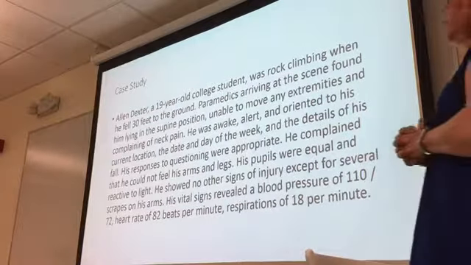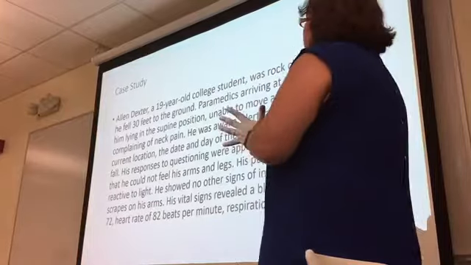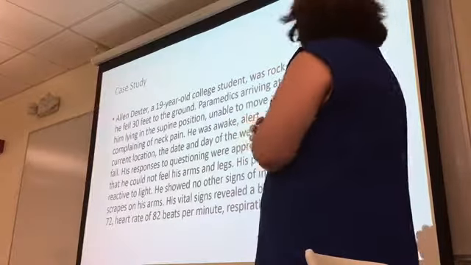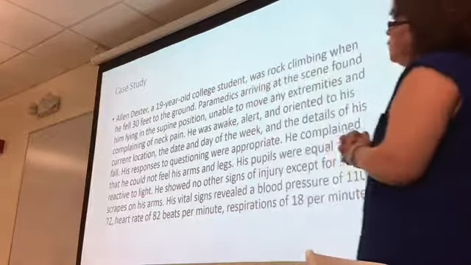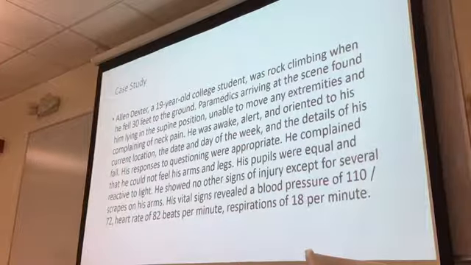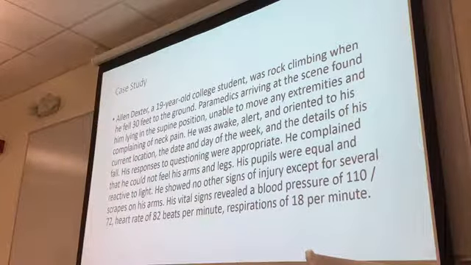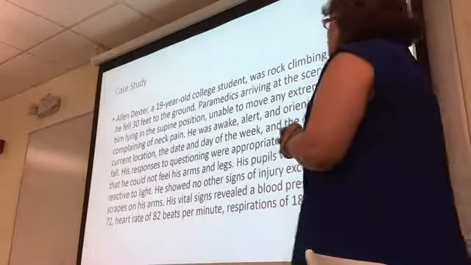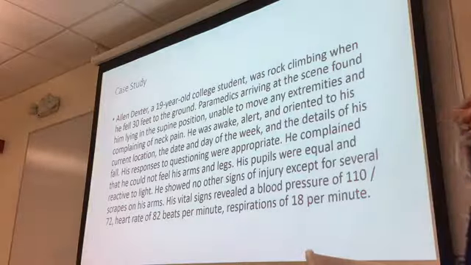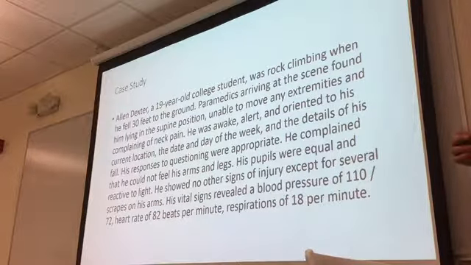So here we have Alan Dexter, a 19-year-old college student, who was rock climbing when he fell 30 feet to the ground. Paramedics arriving at the scene found him lying in a supine position, unable to move any extremities and complaining of neck pain. He was awake, alert, and oriented to his location, the day of the week, and the details of his fall.